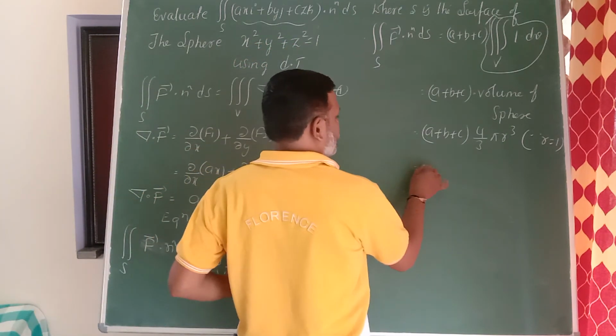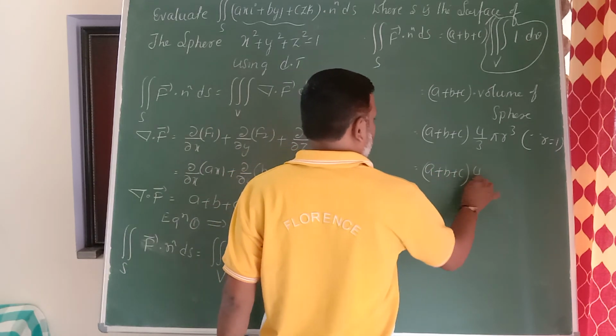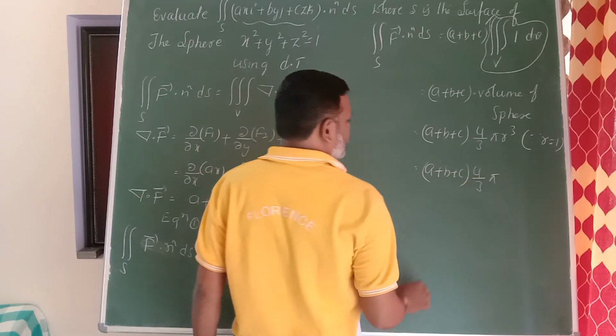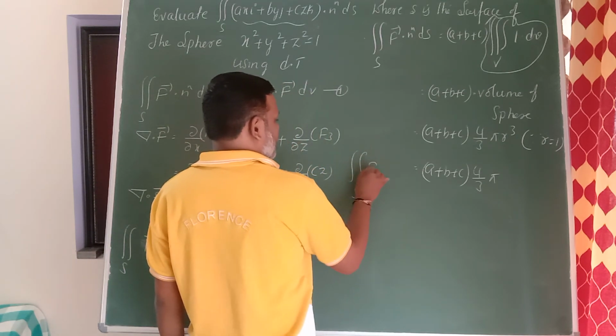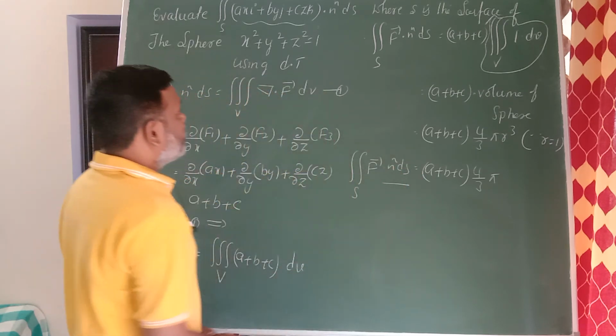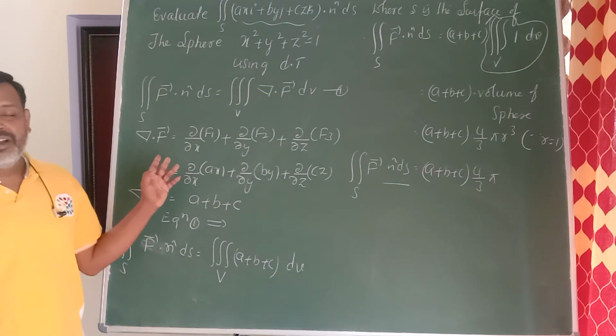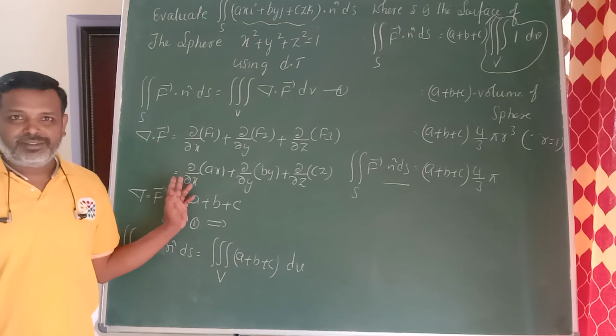Then it becomes a plus b plus c into 4 by 3 pi only. So this is the double integral over S of F dot n cap into dS. This is the evaluation of the given problem using Gauss divergence theorem. I hope you all understand well about this, right? Thank you.